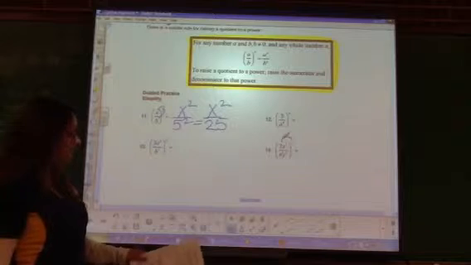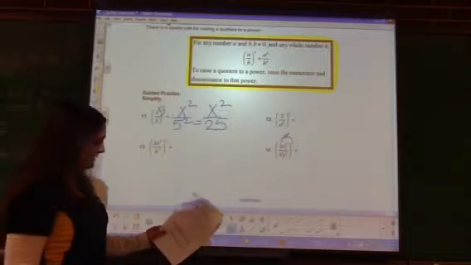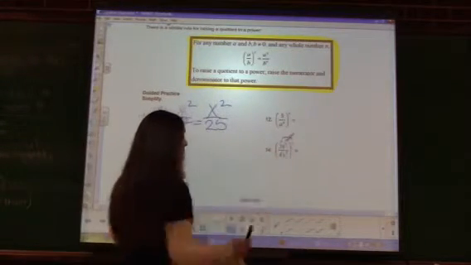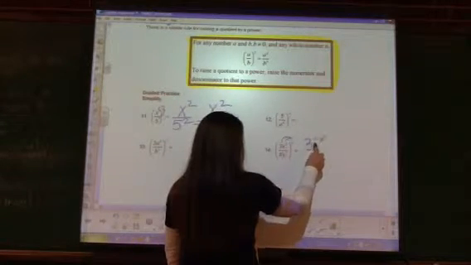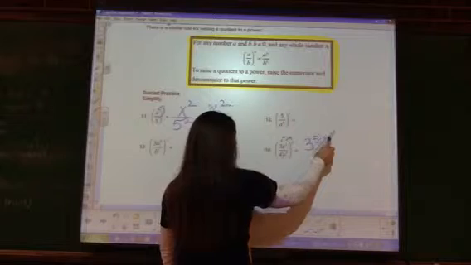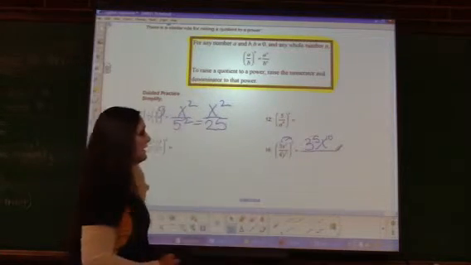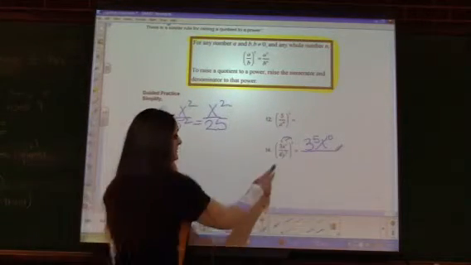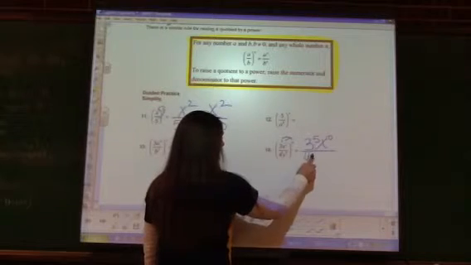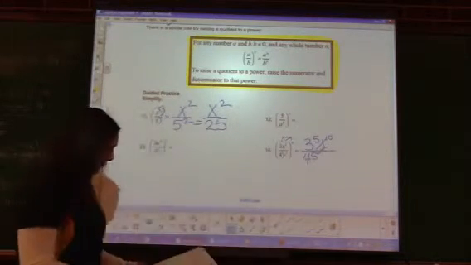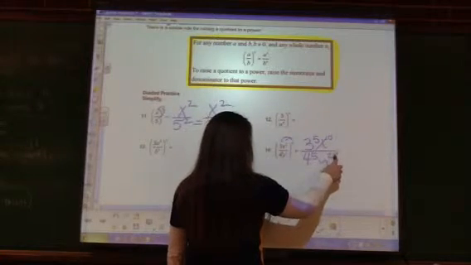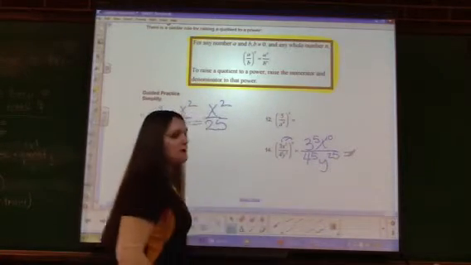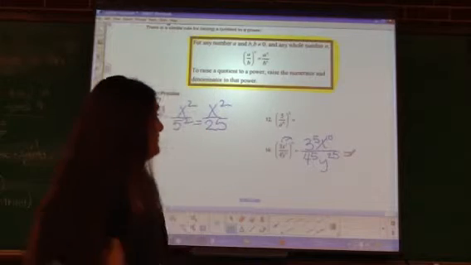And so here we have 3x to the 5th power over 4y to the 5th to the 5th power. So we're going to multiply these together. So we end up with 3 to the 5th. 5 times 2 is 10. On the bottom, we have 4 to the 1st. So 1 times 5 is 5. We have y to the 5th. 5 times 5 is 25. And then we can simplify the number parts if we're asked to.